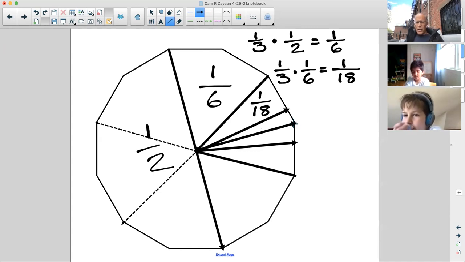Which would you like to do? Cam, you can answer as well. Do you want to take a half of 1/18th, or 1/3 of 1/18th? 1/2. Okay, let's do it.